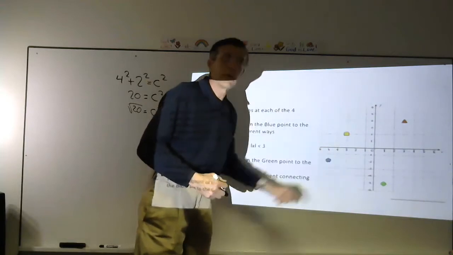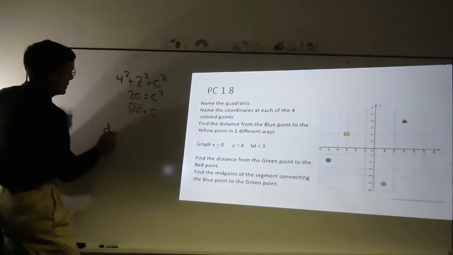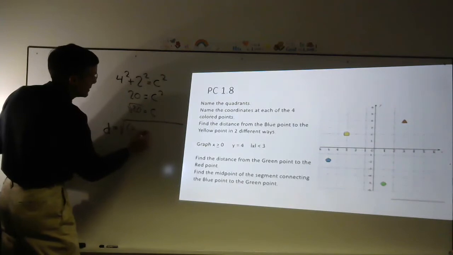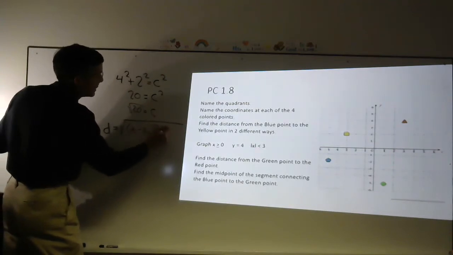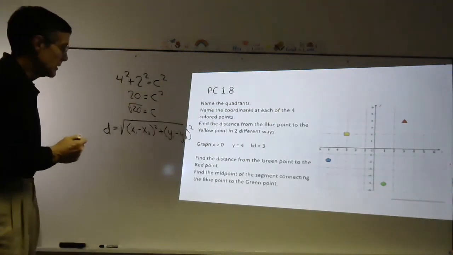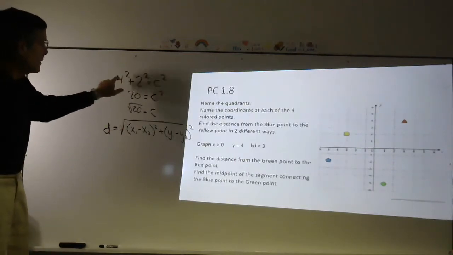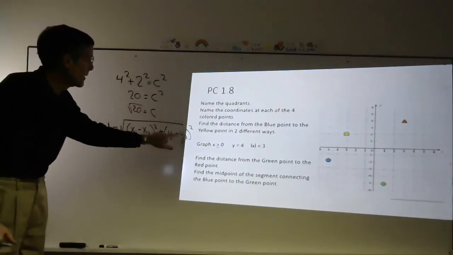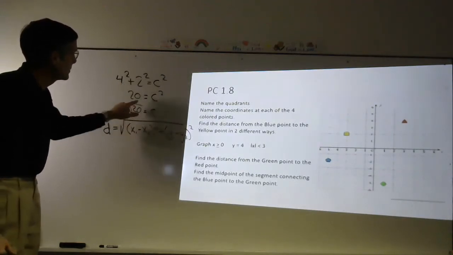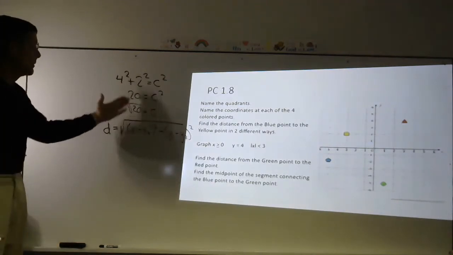The 2 was how much the x values changed. The distance formula in coordinate geometry, d is equal to the square root of (x1 minus x2) squared plus (y1 minus y2) squared, okay? This is essentially the Pythagorean theorem, because look what we did. We squared the change in the y values. We squared the change in the x values, added them together, and then took the square root. Okay? So really, this is what we did right here.